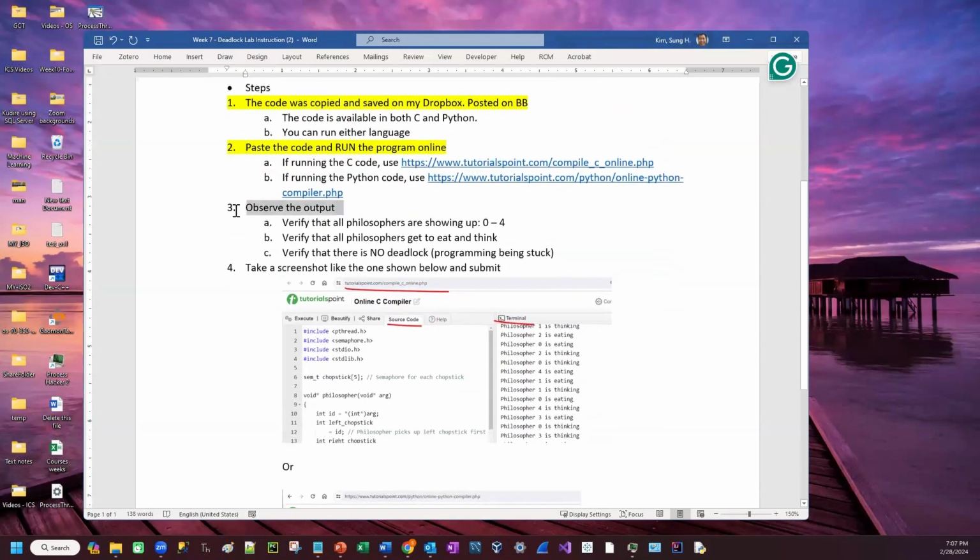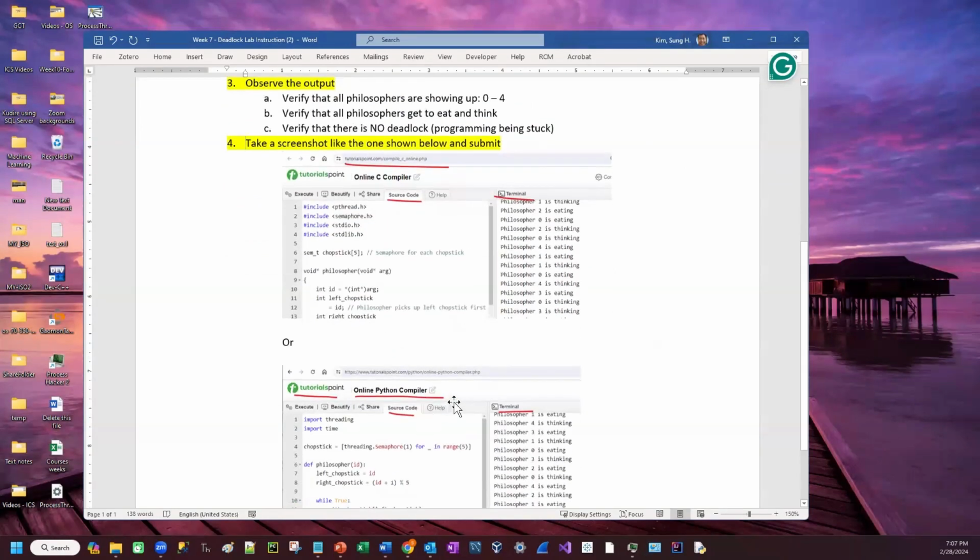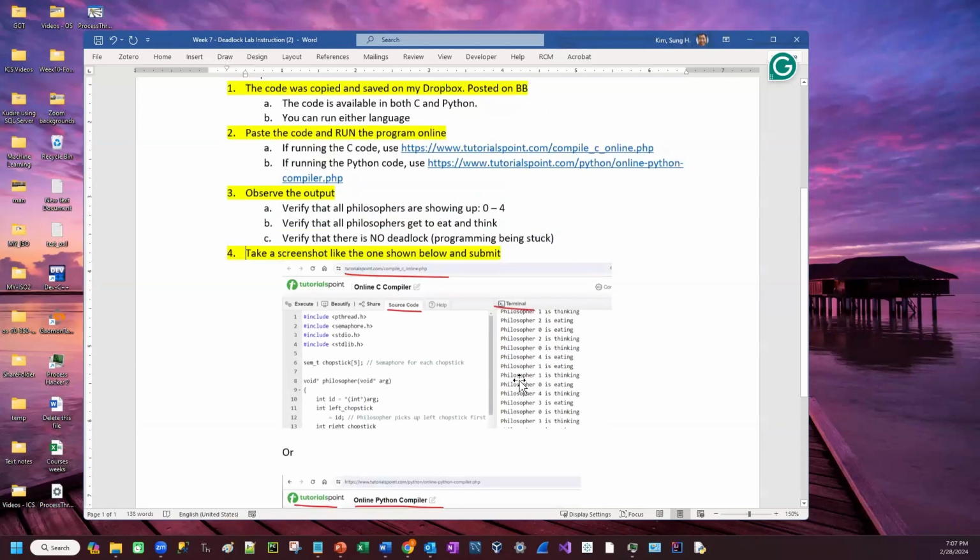And I'd like you to observe the output and make sure that everyone is eating and thinking, all 5 of them, okay? And then take a screenshot, something like this, and then just submit. So this should be a very quick, easy program, okay?